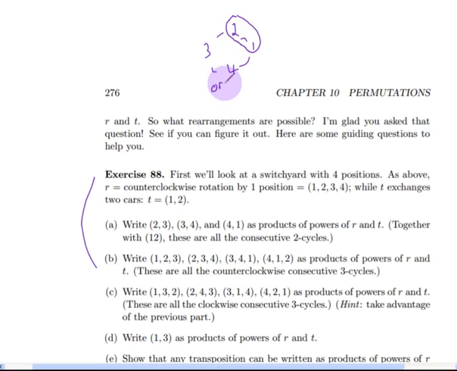This is my original. Then if I apply R inverse, which is the same thing as R cubed, this becomes 2, 3, 4, 1. Then if I apply S, it's going to switch these two, so that's going to be 3, 2, 4, 1.